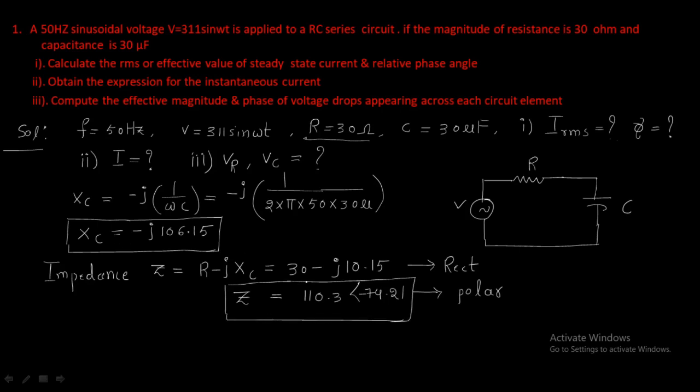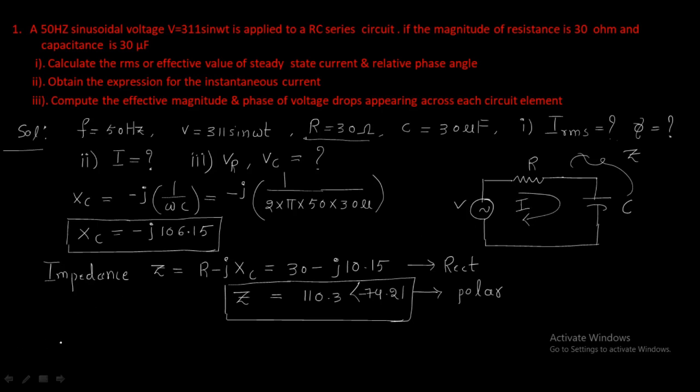Now he is asking to find the RMS current and voltage. Since this is a combination of R and C, it has the impedance. The voltage divided by the impedance gives the current flowing through the circuit.